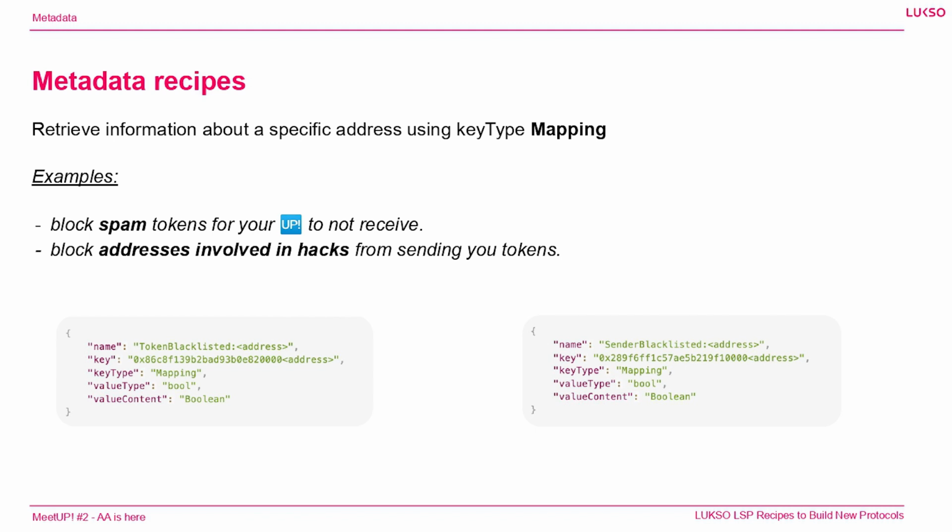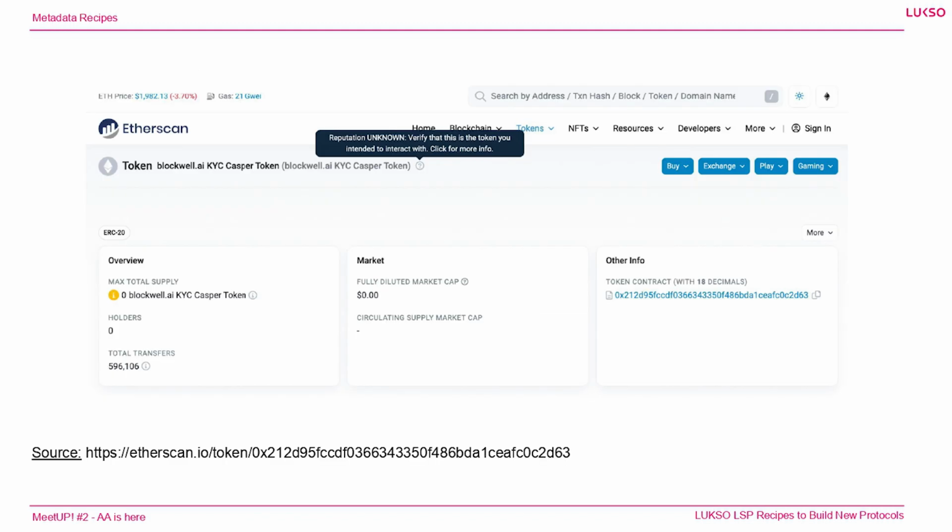And you can expand on that. You can build use cases that are actually common to the real world. You can do things like blacklisting tokens, or blacklisting senders, something that is quite common in Web3, because there are a lot of spam tokens out there, and also you don't want to receive funds from, for instance, addresses that have been blacklisted.